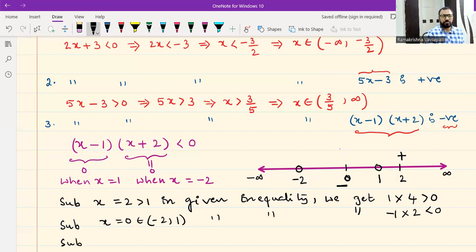Substitute x equal to, I will take minus 3, which is less than minus 2, in the given expression.